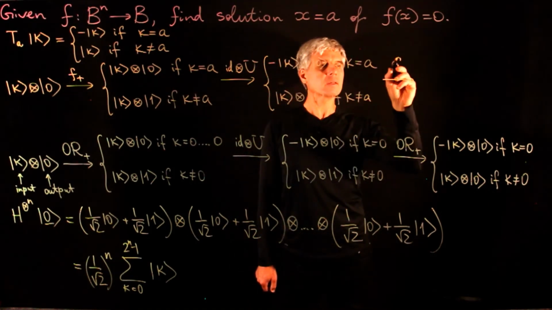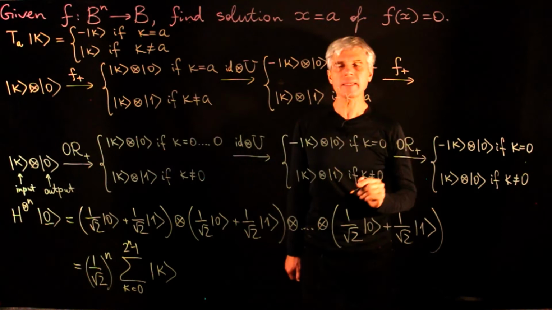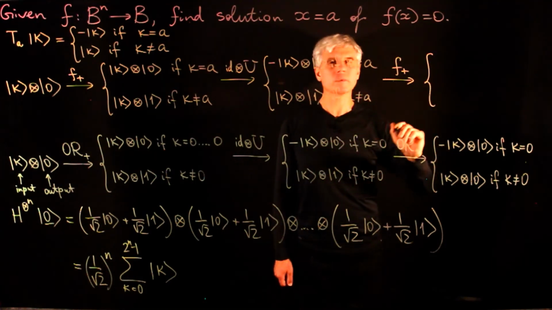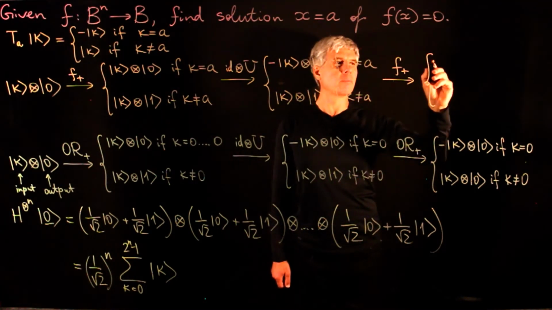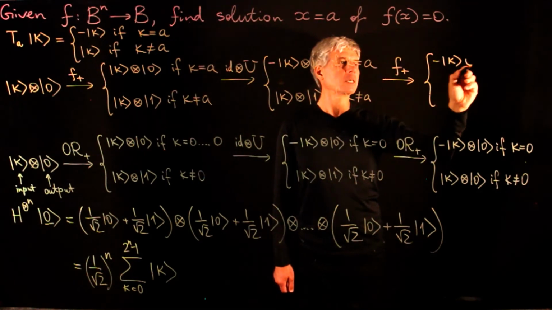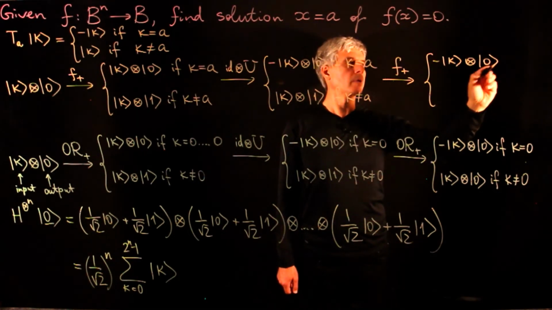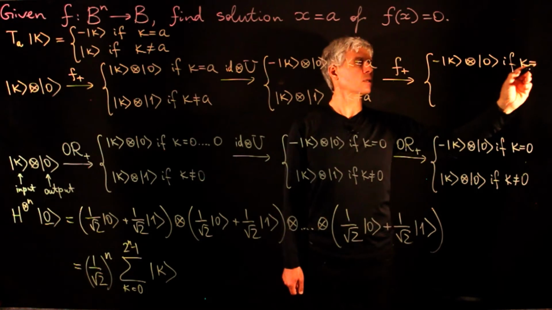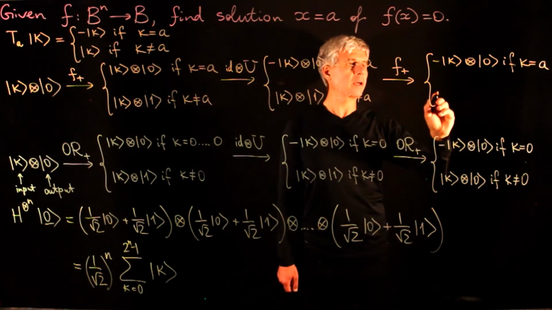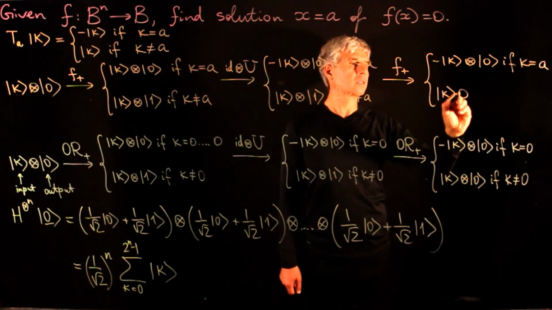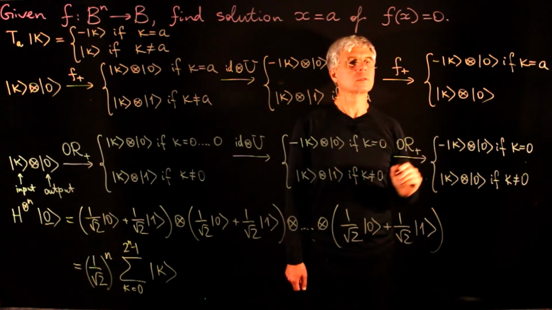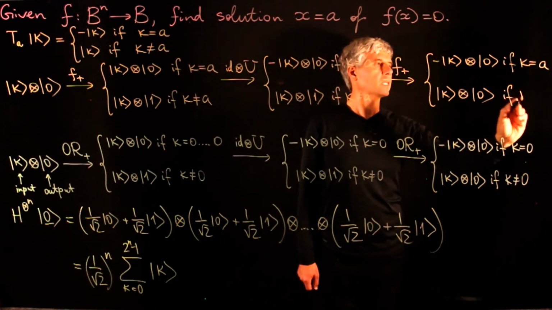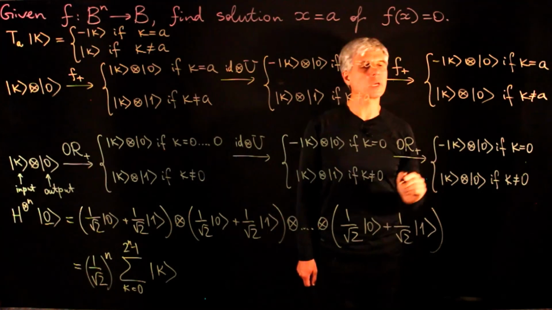And lastly, we apply f plus again, and so this will give us minus |k⟩ tensor with 0 if k is equal to a, and it will be |k⟩ tensor with 0 if k is not equal to a, right?